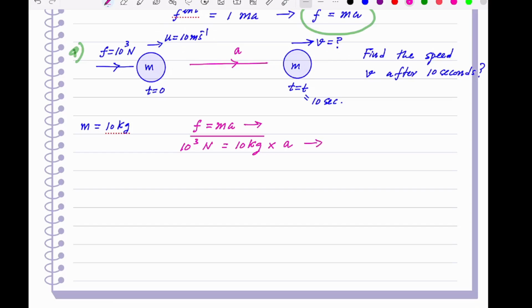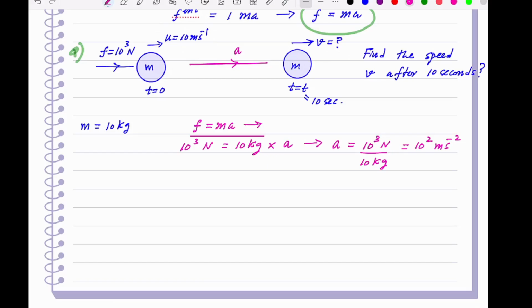If you simplify this, acceleration is going to be 10 to the power 3 newtons divided by 10 kilograms, so it's going to be 10 to the power 2. So 10 to the power 2 m/s². That's the acceleration, 100 m/s², right?